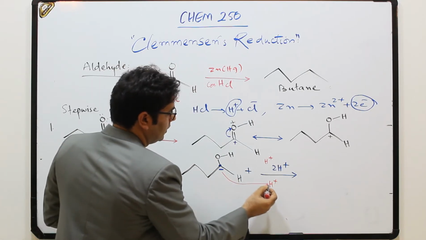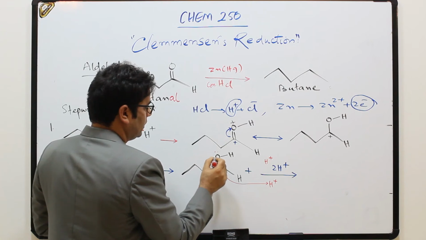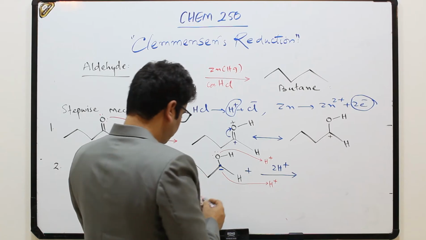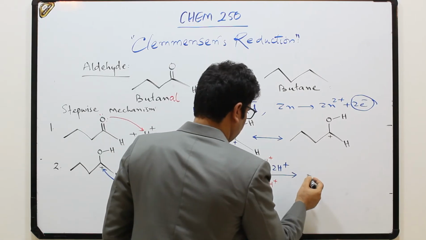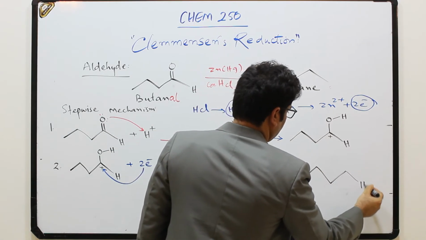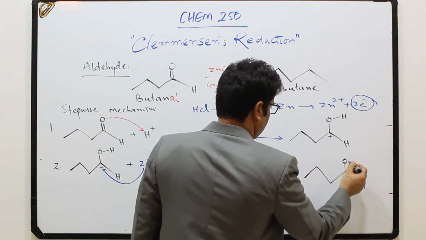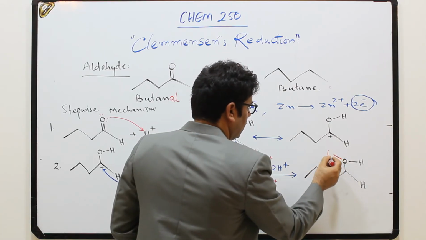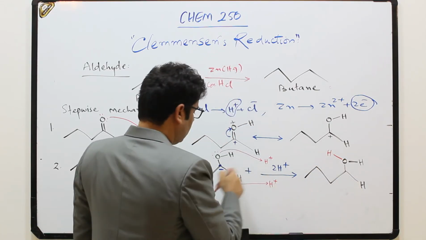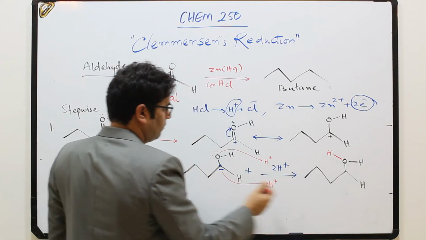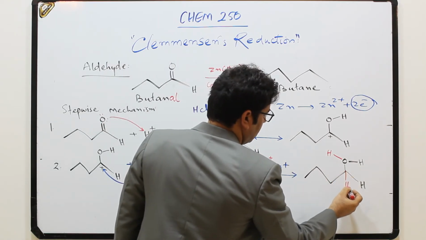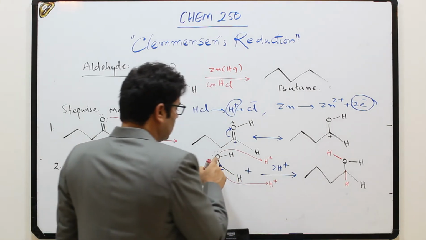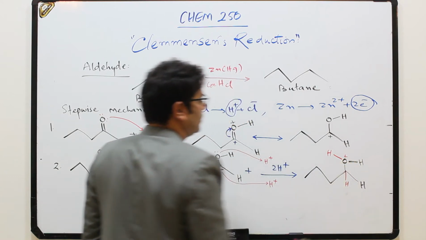This will attack on this hydrogen, and 1 hydrogen will come here, and this negative charge will be, there will be another hydrogen. Now first this oxygen is attacked on hydrogen, so it will be positive charge.